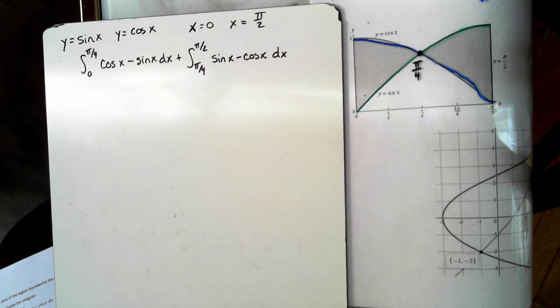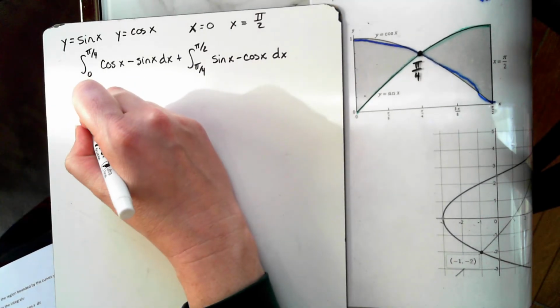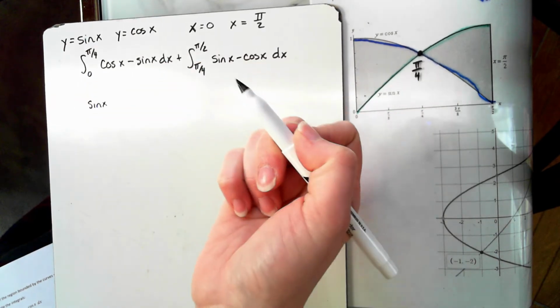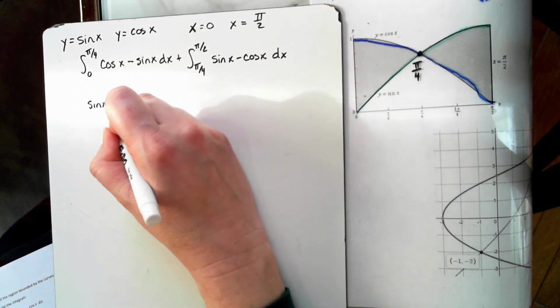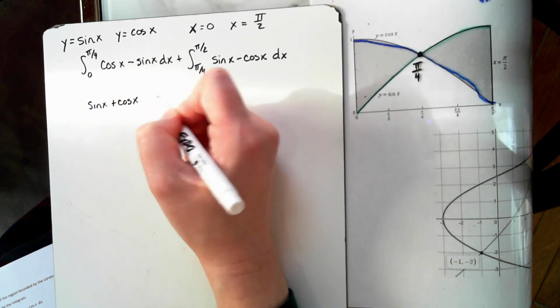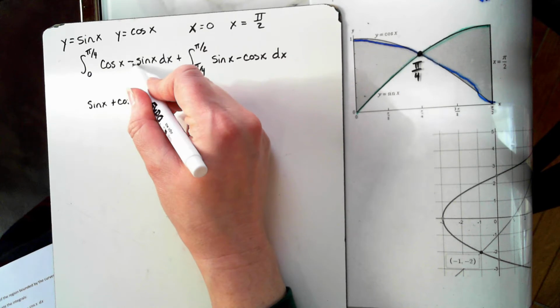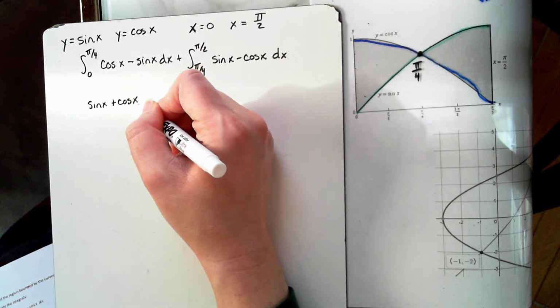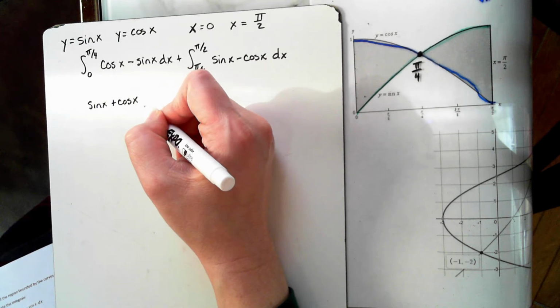Now all I have to do is take these integrals. So you'll remember that the antiderivative of cosine x is sine x. Okay, and the antiderivative of negative sine x is cosine x. Now the sign did change because this was a negative, and when I do the derivative of cosine, I get negative sine. So this is a cosine x.